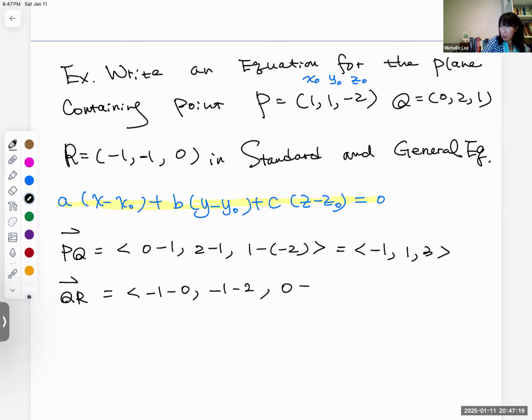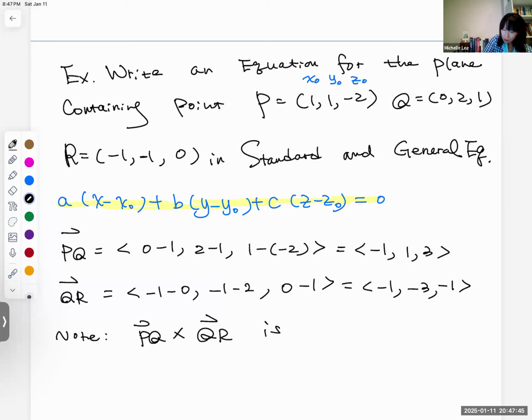And 0 minus 1. That would be negative 1, negative 3, negative 1. Okay, so let me write down what I said earlier. So note, PQ cross product with QR is orthogonal to PQ and QR, right?